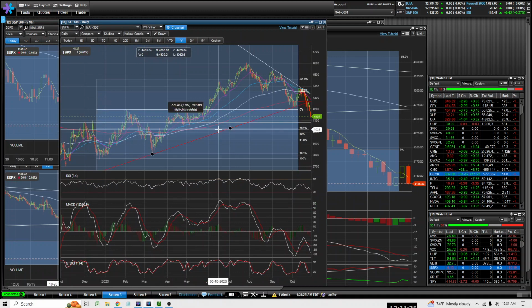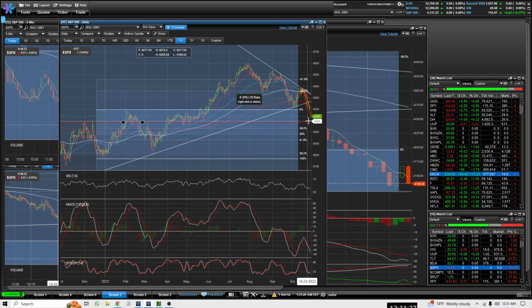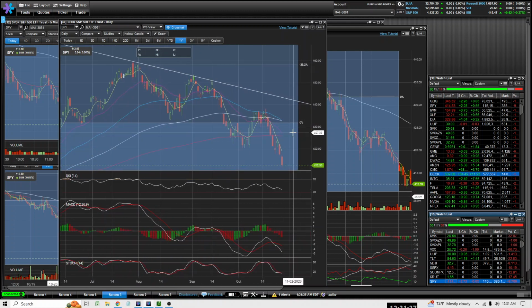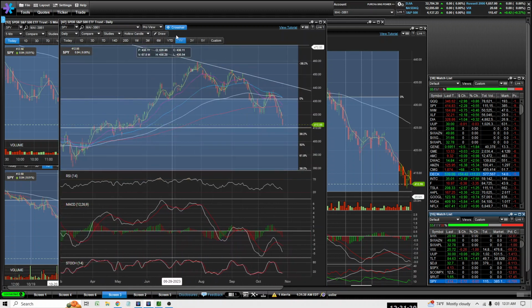So I'm expecting maybe 4,100, let's see if that matches up. So that would be around 4,100, I'm assuming, if that line is correct. Let's say that line is going to be right there with the blue line.